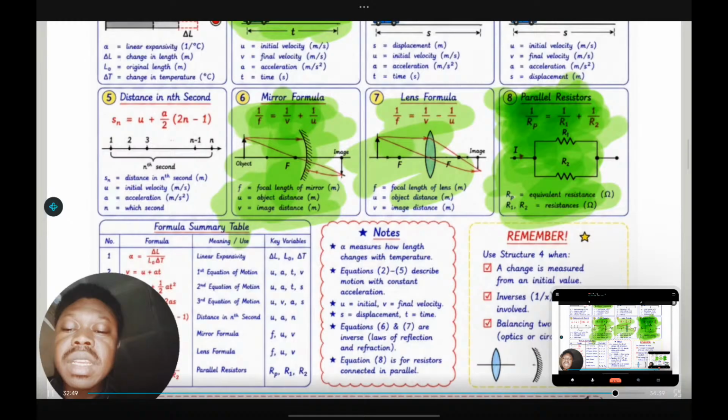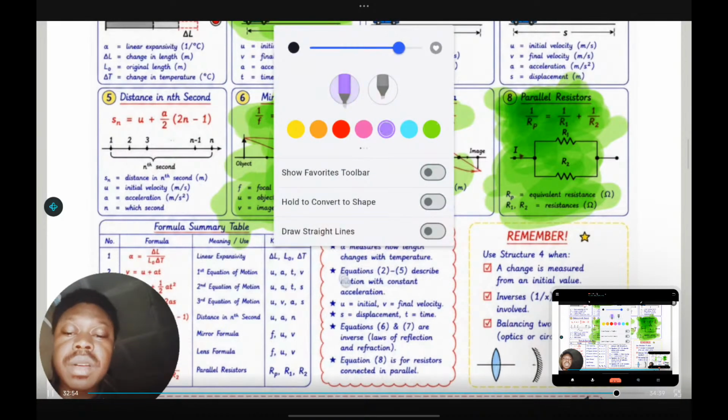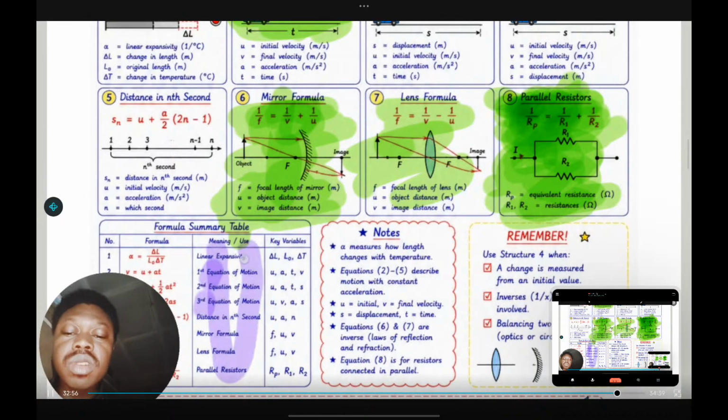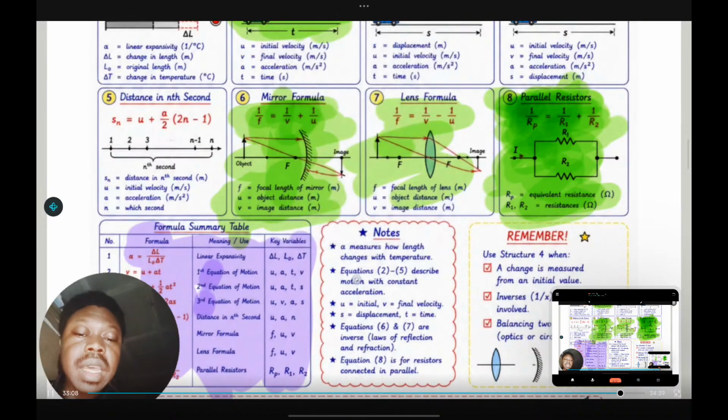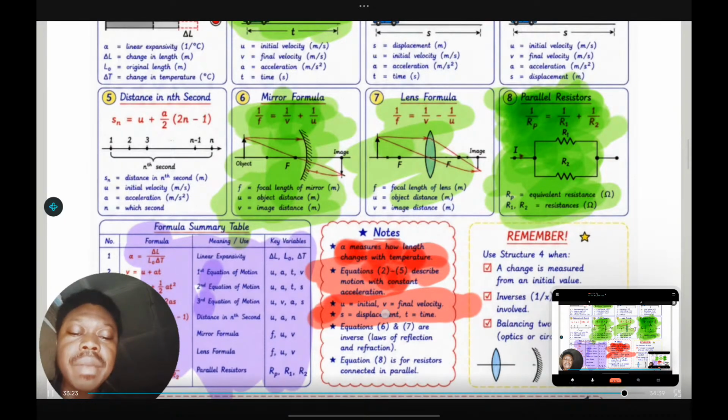Take note of these. Then quickly, as we bring this class to a close, remember that all these equations are given to you so that they can help you solve problems. And once you see how the structures are formed, then it becomes easier for you to memorize these formulas. So, alpha measures how length changes with temperature. Equations 2 to 5 describe motion with constant acceleration, where you have initial velocity, final velocity, displacement, and time.